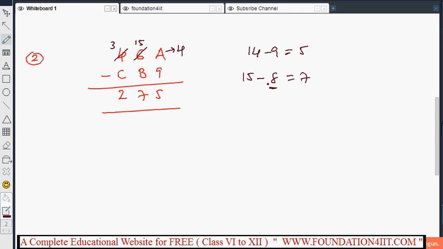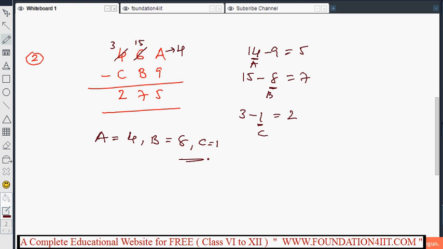Now 3 minus dash is equal to 2, so we know 3 minus 1 is equal to 2, so 1 is the c. Right, so a is equal to 4 and b is equal to 8 and c is equal to 1.